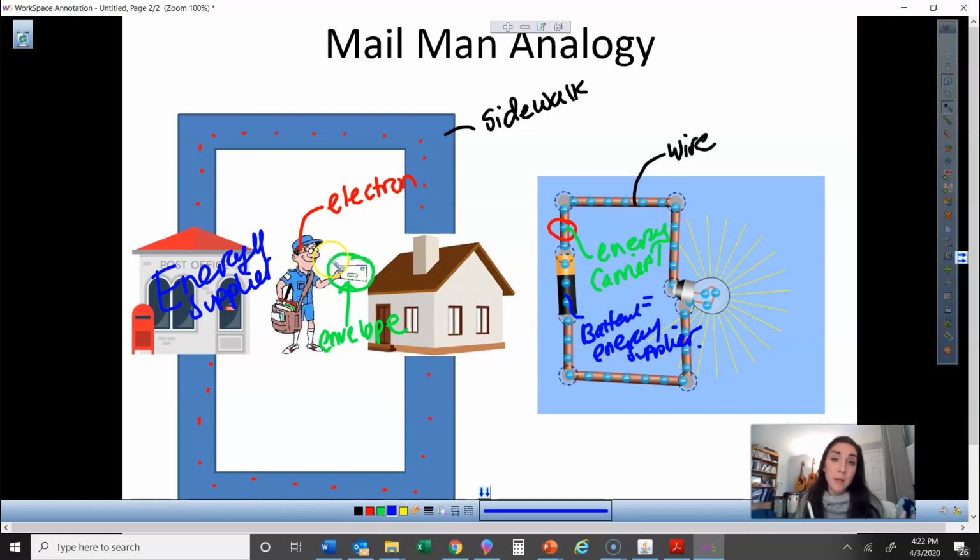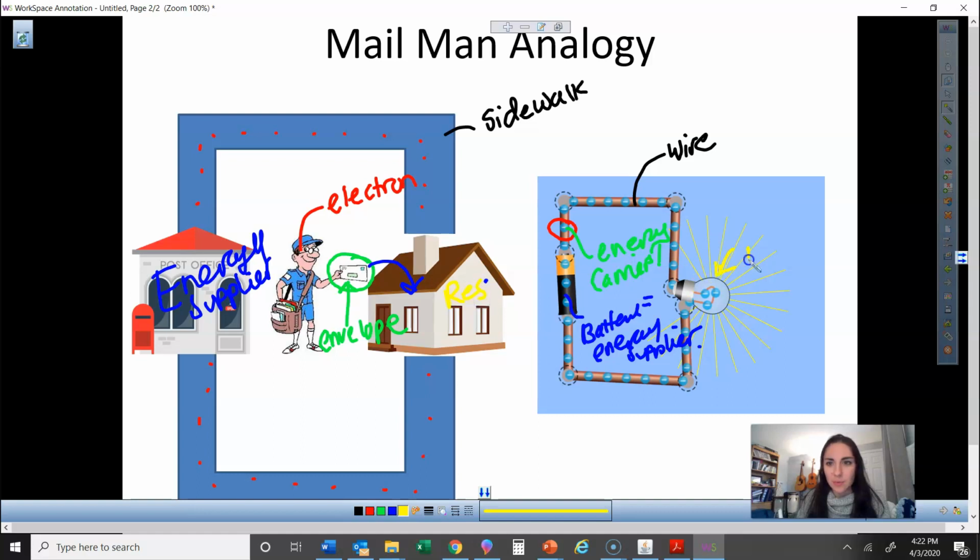So what the mailman does, he goes to the post office to get his envelope. He begins to walk around. When he gets to the house, what happens to the mailman? Does he disappear? No. Does he get more mail? No. He gets rid of the mail. He gives it to the house, and the house acts as our resistance, or electrical resistance.